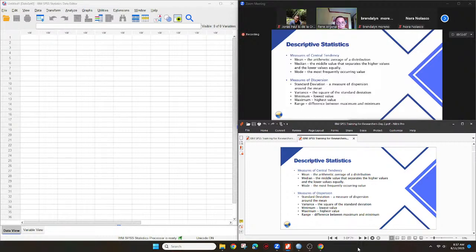If the values of these measures of dispersion are lower or smaller, it means that the data are closer. While if the values are big or large, it means that the data are scattered.